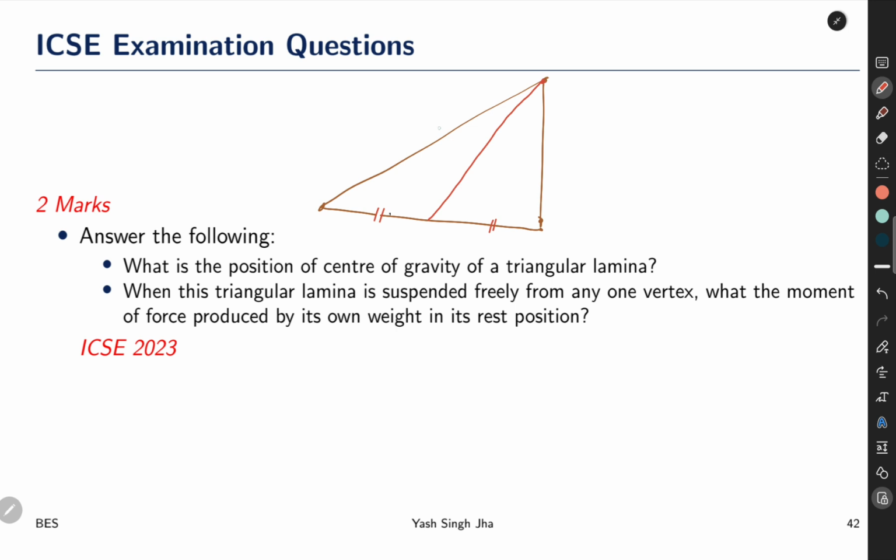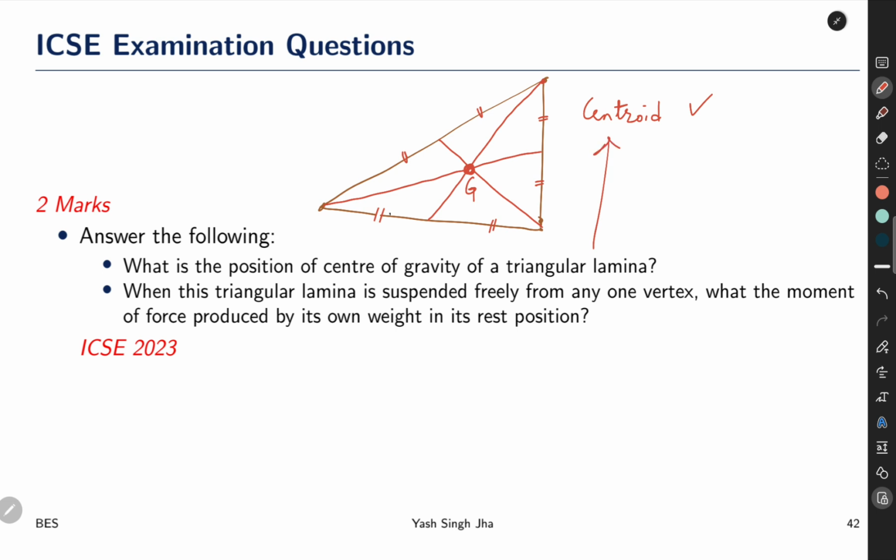So this part and this part are the same, and similarly this part and this part are the same. So this point is called the center of gravity, which also happens to be the centroid of the triangle. So the position of center of gravity of a triangular lamina is the centroid.